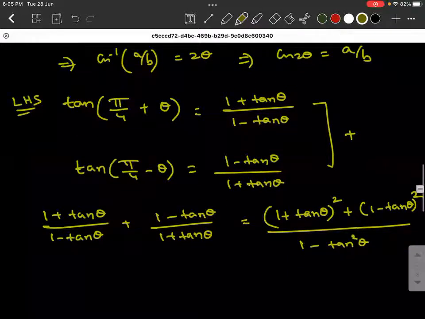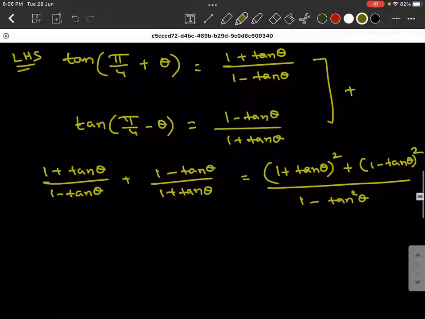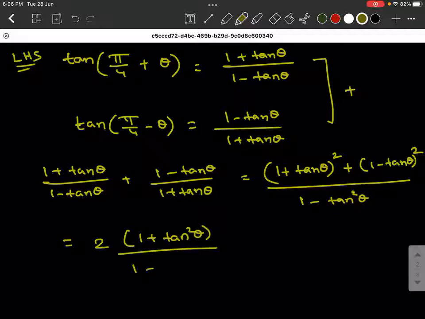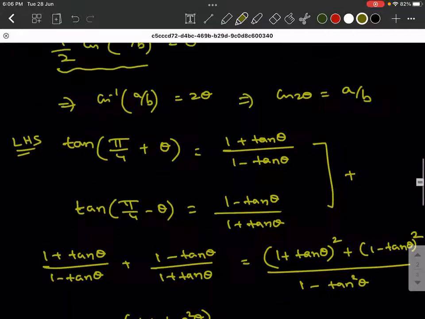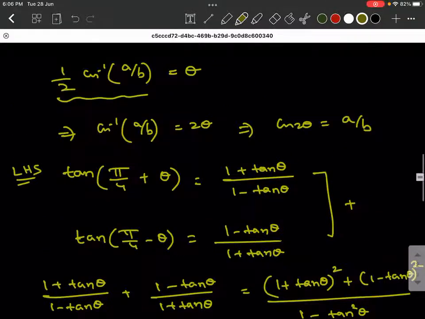In the numerator, you have A plus B the whole square plus A minus B the whole square. It is 2 times A square plus B square. So this will be equal to 2 times A square plus B square divided by A square minus B square. Have this as 2 and you can have this as 1.